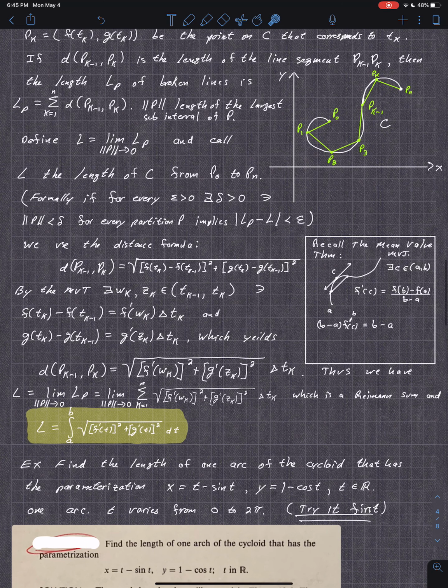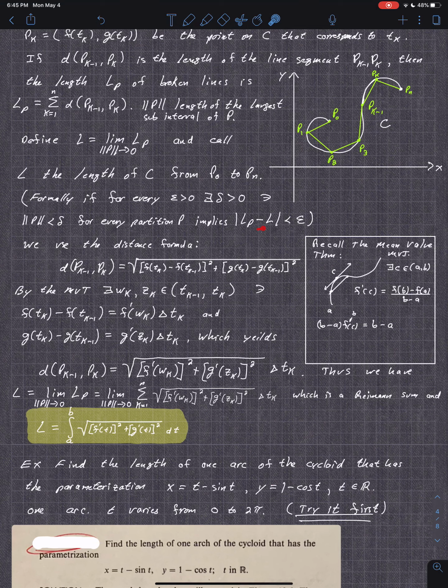Okay, so I thought I'd throw this out here, formally you would say it like this. For every epsilon, there exists a delta greater than 0, such that the norm of P less than delta for every partition P implies the absolute value of L sub P minus L is less than epsilon.